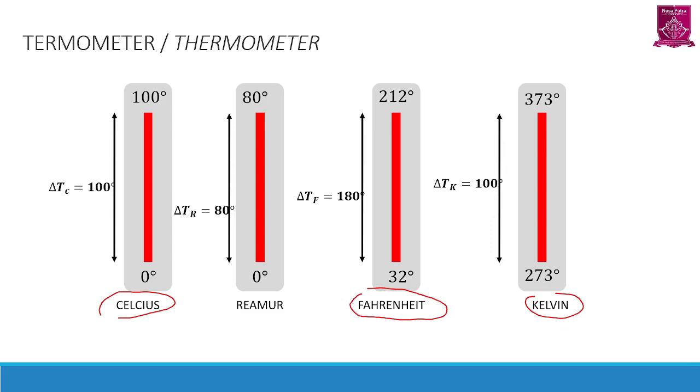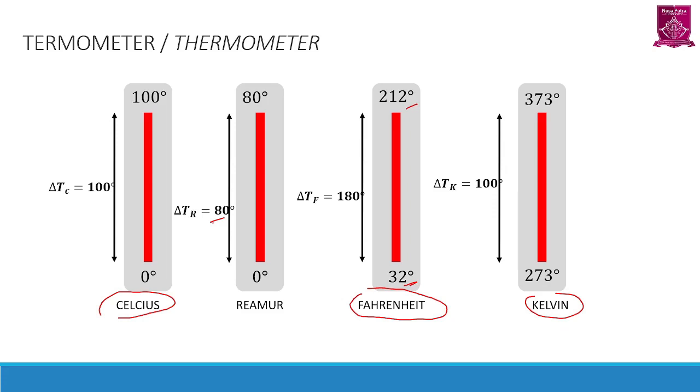So the difference here, delta Tr, is 80 degrees. And in Fahrenheit, the ice starts to melt at 32 degrees and starts to boil at 212 degrees. The temperature difference here is 180 degrees.